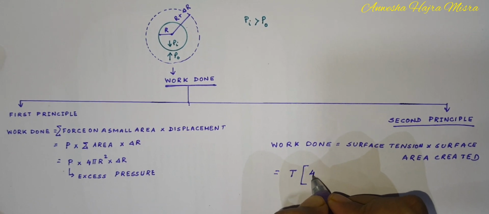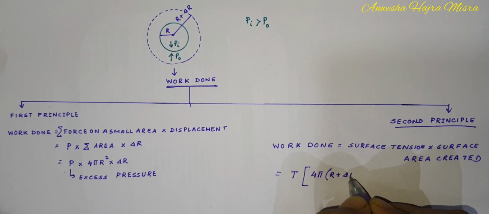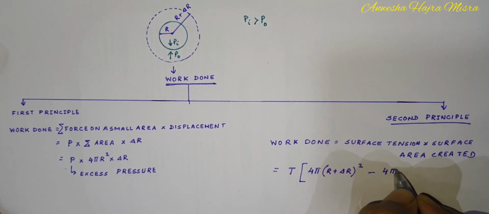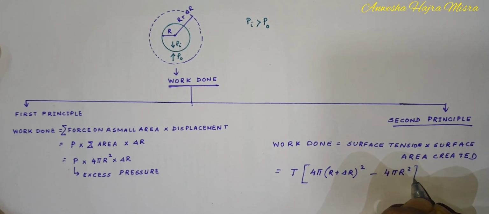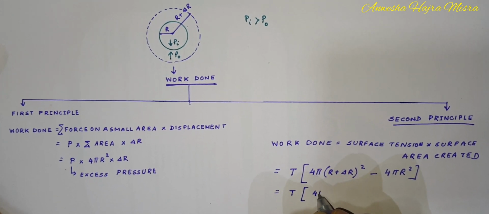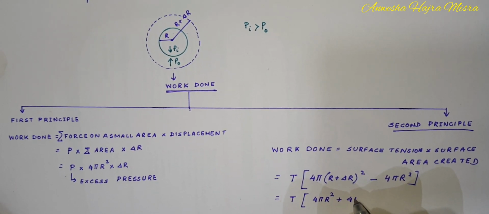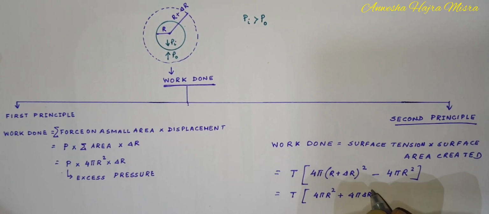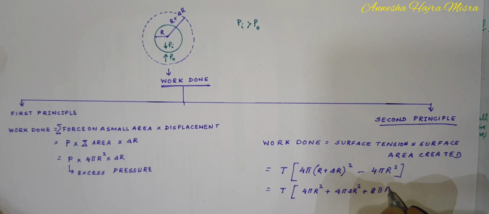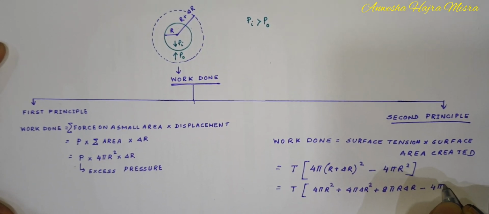My final surface area is 4 pi (r plus delta r) whole square, and my initial surface area was 4 pi r square. So this is T times (4 pi r square plus 4 pi delta r square plus 8 pi r delta r minus 4 pi r square).